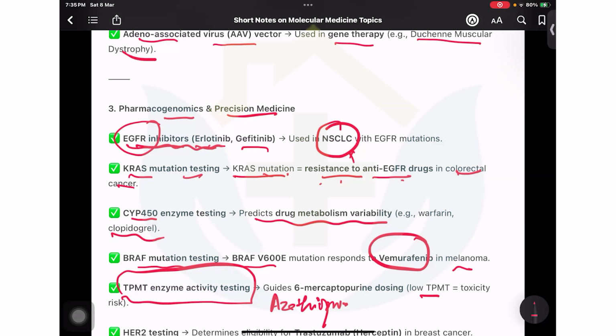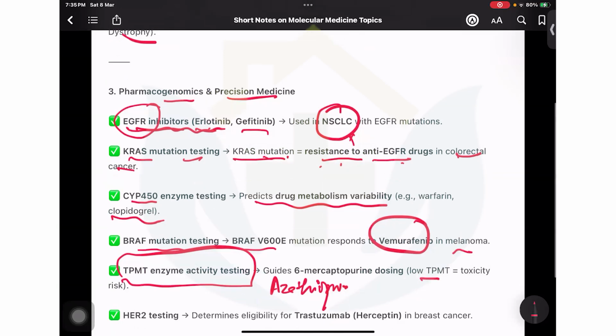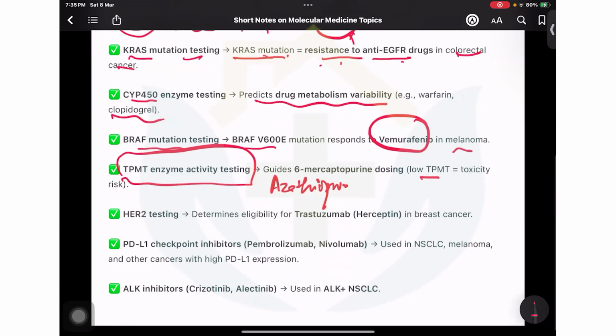If the TPMT is absent and you continue giving azathioprine, it will not be metabolized in that person, and it will start showing its toxic effects, leading to bone marrow depression, hepatic failure, and so on. So it is very, very important to test for TPMT enzyme activity.